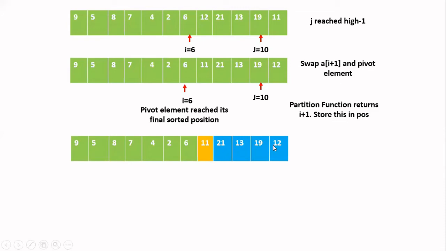All the elements here are greater than 11. Similarly, all the elements in green color on the left hand side of the pivot element are smaller than 11. So this is our dividing and conquering process.